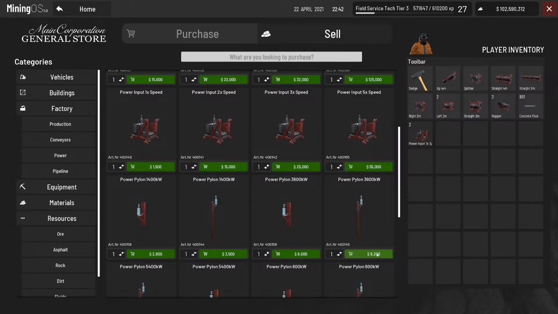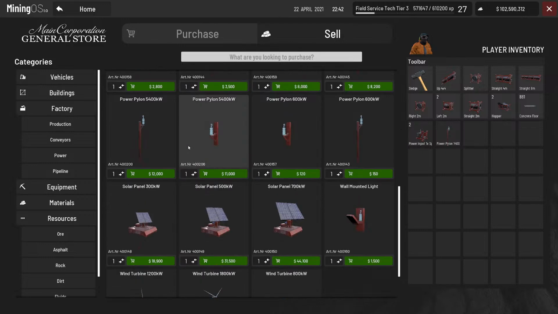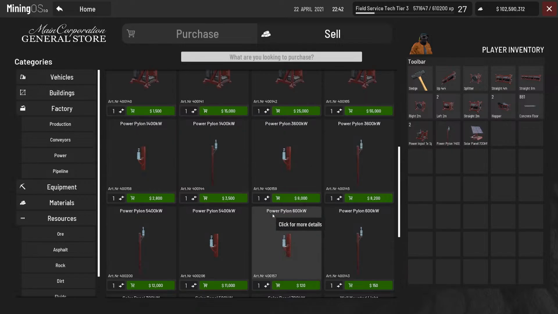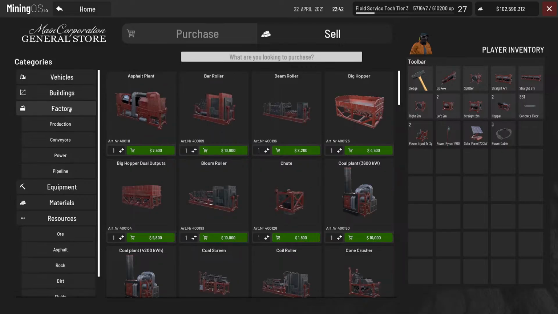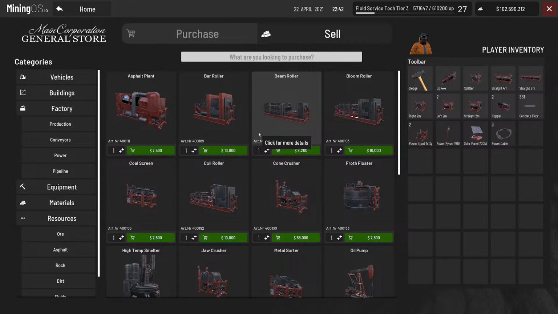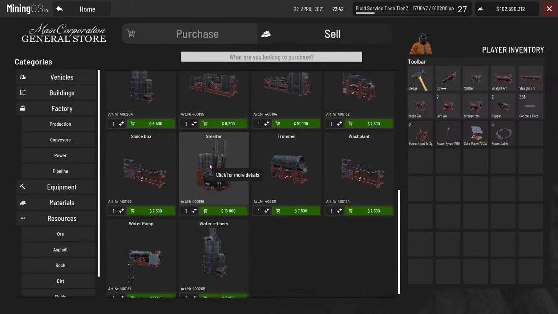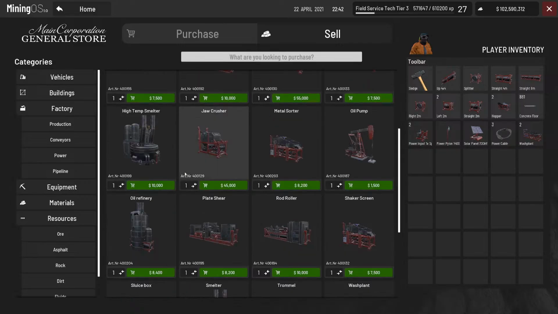And need 1 of those. 2, 3. Two wash plants.